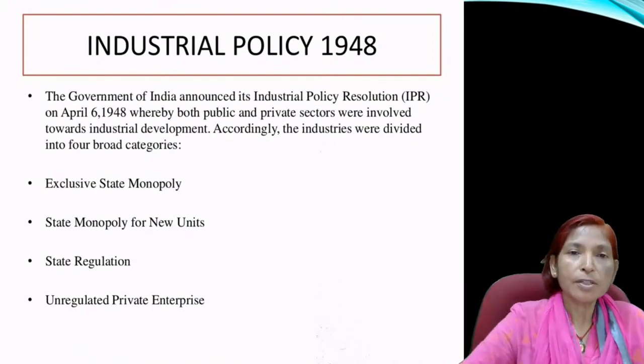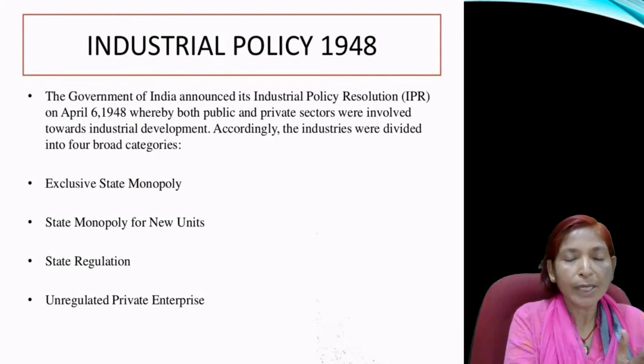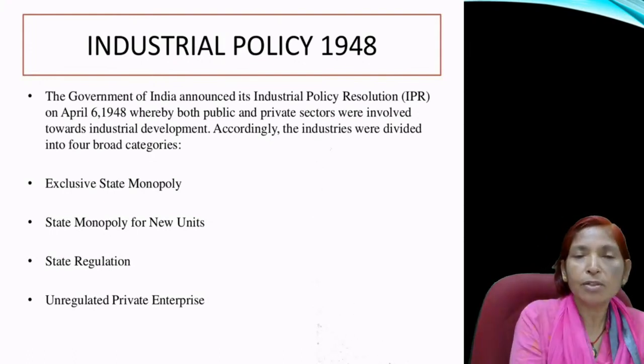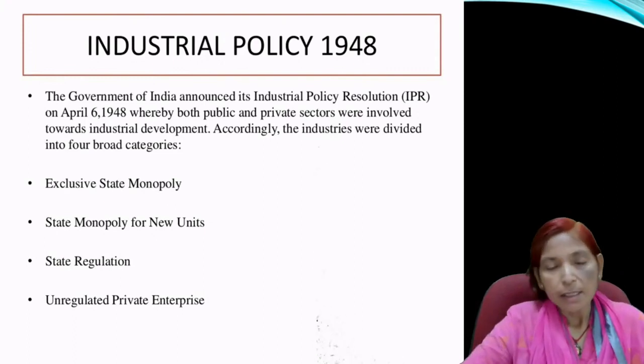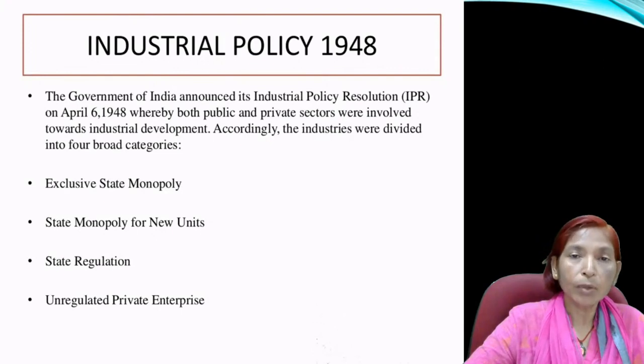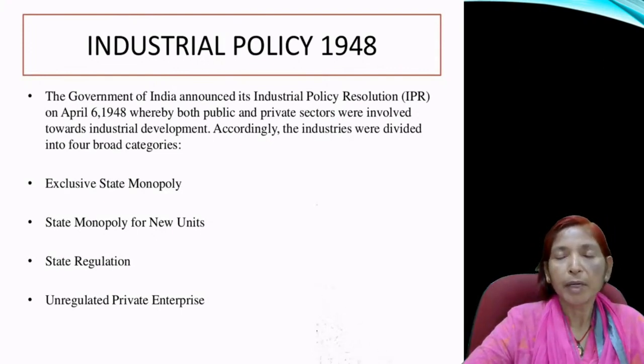First of all, some industries were put in state control, which is categorized in exclusively state monopoly category. Second is state monopoly for new units. Third is state regulation. And next is unregulated private enterprises.